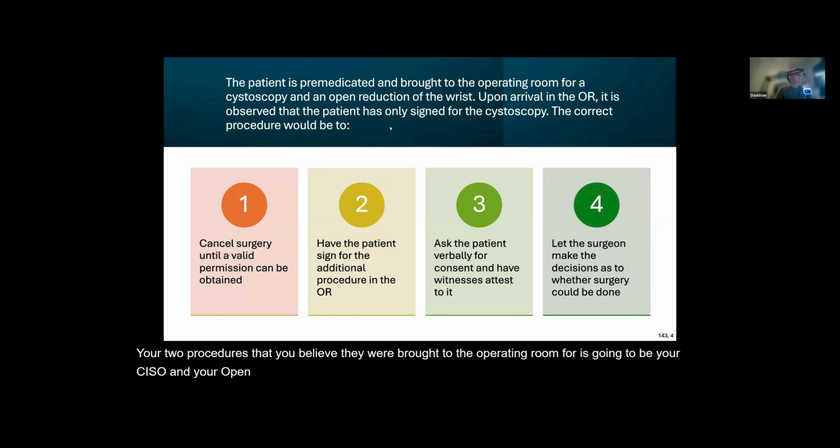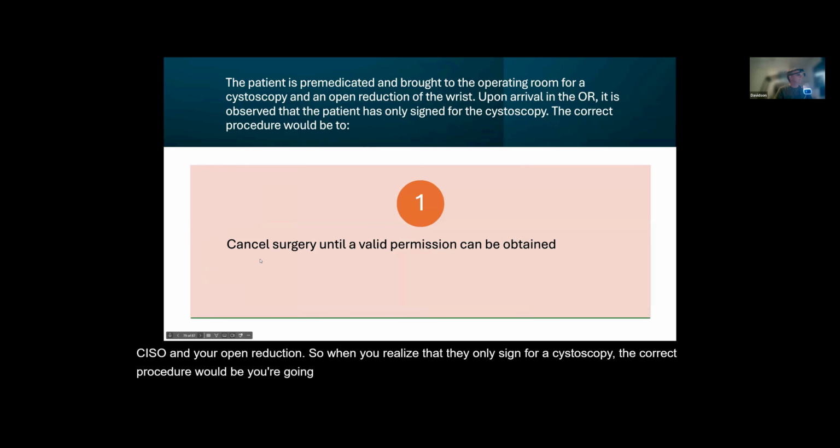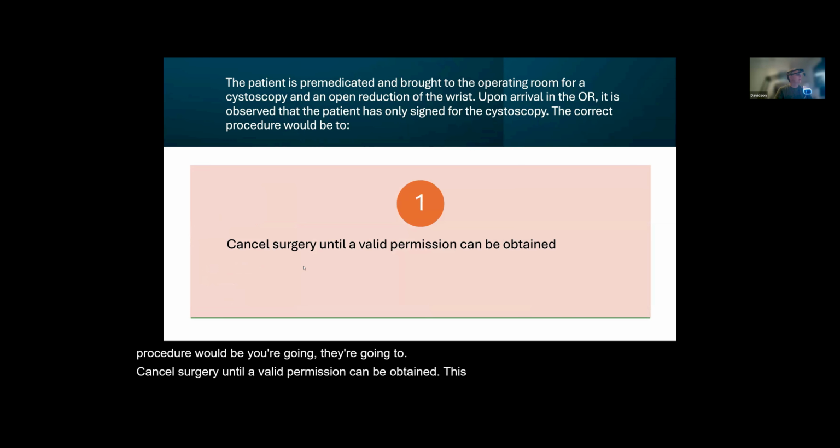So when you realize that they only signed for a cystoscopy, the correct procedure would be they are going to cancel surgery until a valid permission can be obtained. This is completely up to the patient. So if they're already pre-medicated, then you will not go through with the surgery because everything doesn't match.